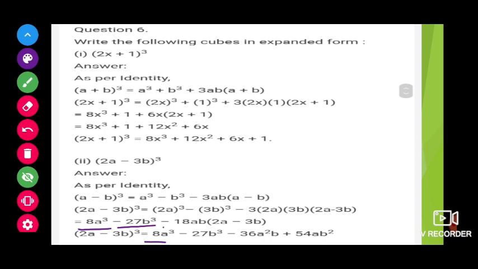Now minus of plus, we will get minus 18 2s are 36, a square b. That's it. Next minus of minus plus 18 3s are 54, ab square.